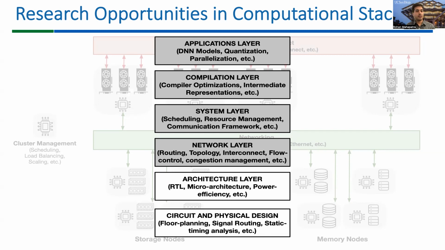At the system and networking layer, how should these different devices be connected? For instance, what should be the topology, or how should congestion control work? These are very interesting research questions that people can explore, and GeneSys actually provides a way for people to explore these, and we'll come into how GeneSys can be used.